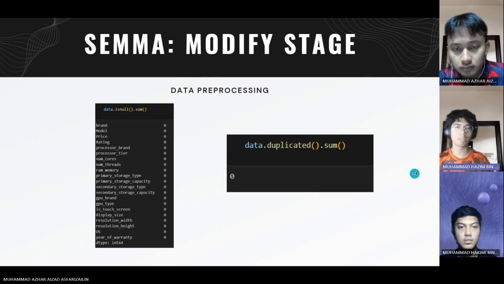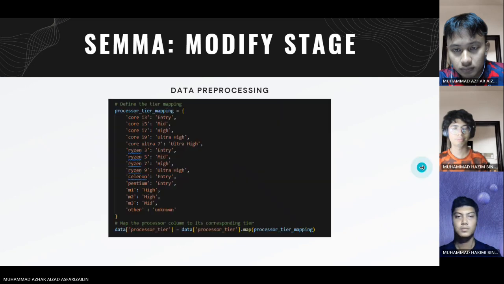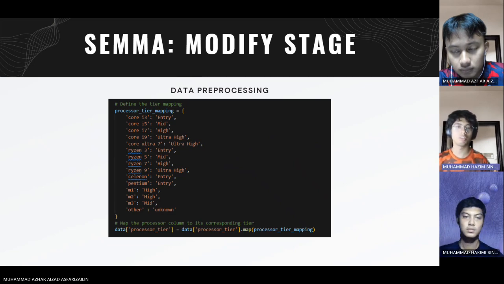So this is our data pre-processing steps. First, we check if there are any null values or duplicates. You can see there are none. And then we define the tier mapping for each of the cores or processors. For Core i3, we put it as entry, mid, ultra high, and so on for different brands that we map manually.